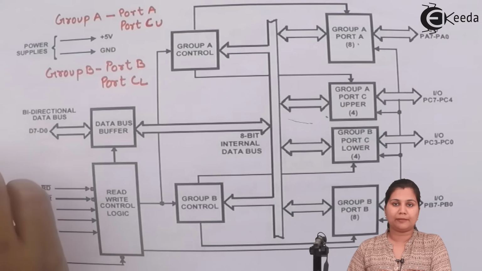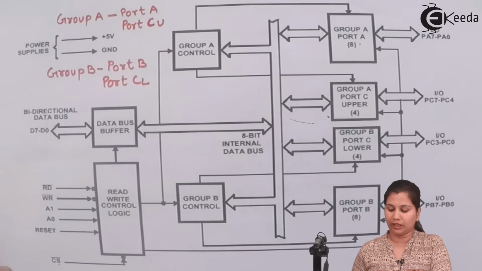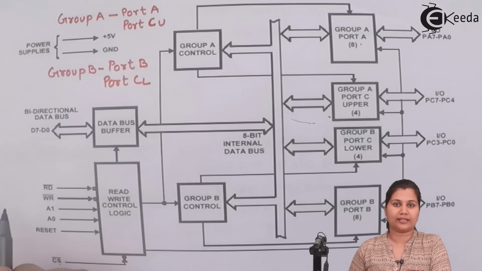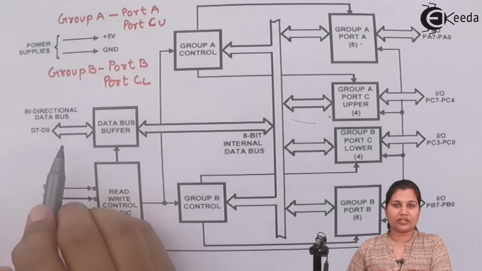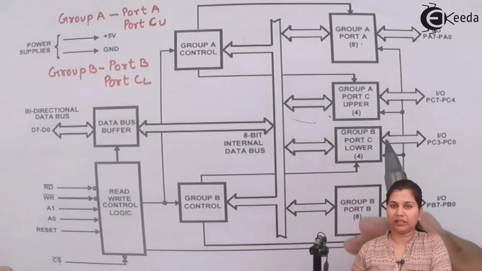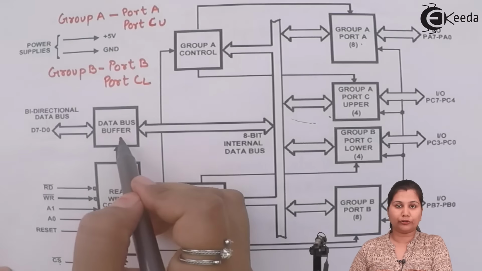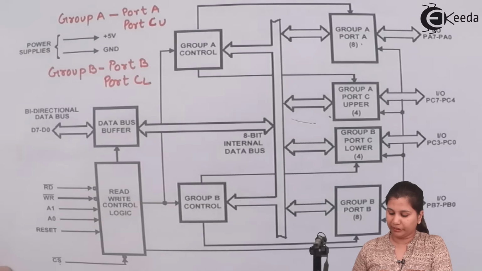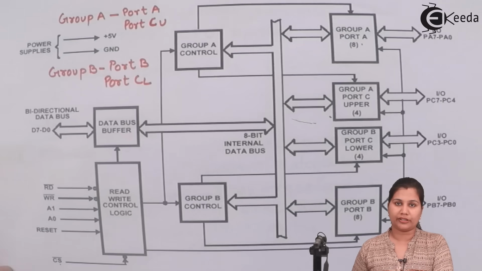And if the CPU has executed the OUT instruction and the write signal is low, then the data available on the data bus buffer will be written on ports A, B and C, or if it is the control word, then the control word will be written in the control register.